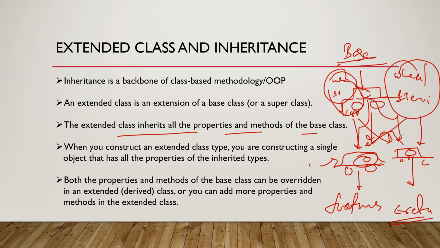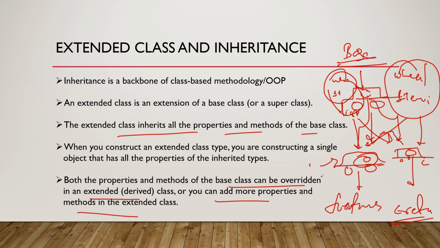Now when you construct an extended class type, you are constructing a single object that has all the properties of the inherited type. Now both the properties and methods of your base class can be overridden in an extended class. So this is very important. Your base class properties can be overridden in an extended class, or you can add more properties and methods in the extended class.